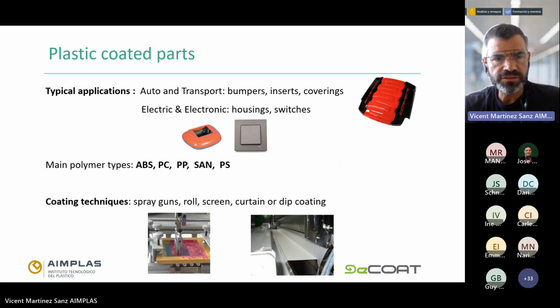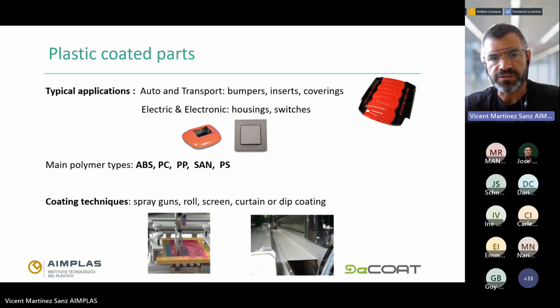The typical applications for plastic coated parts are in the automotive and transport sectors, in components such as bumpers, inserts, and coverings that are coated in a range of colors, and also in the electric and electronic sector.